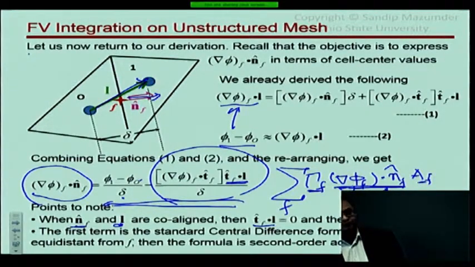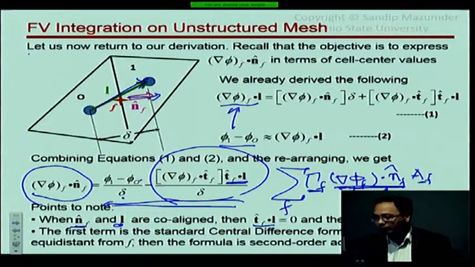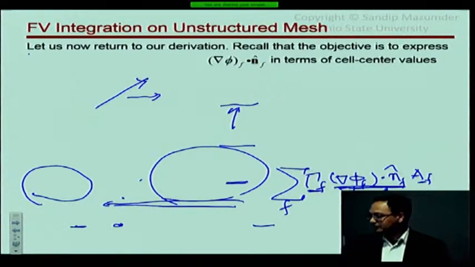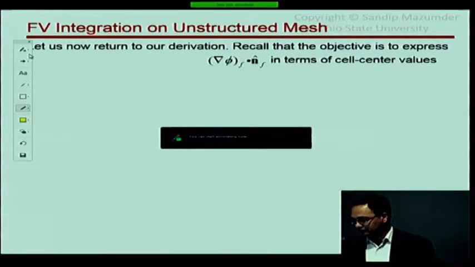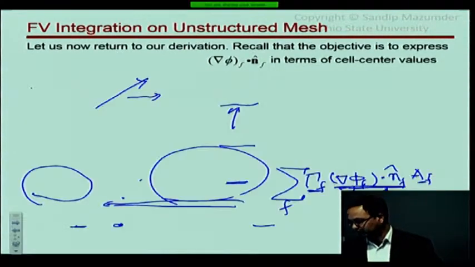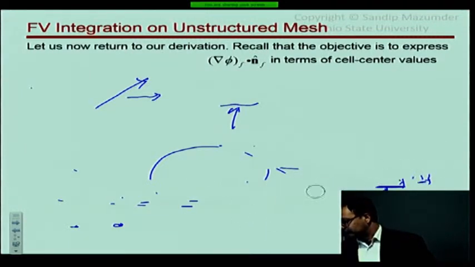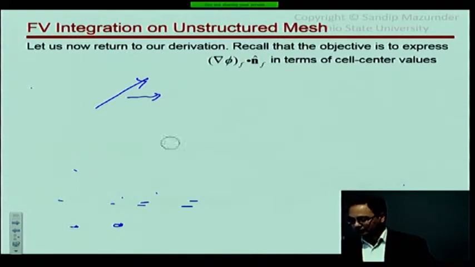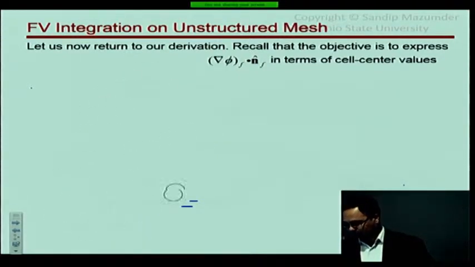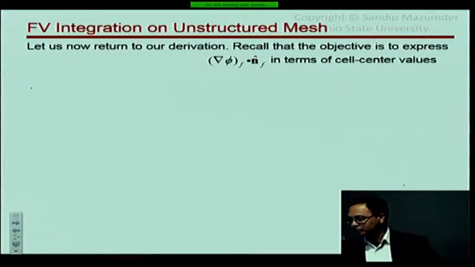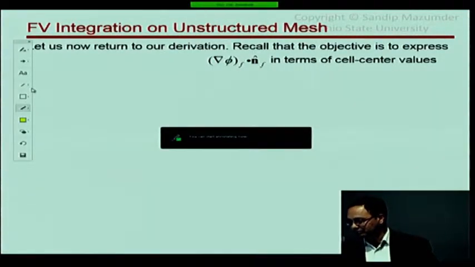So an identical expression we are getting here if these two vectors, NF and LF, are co-aligned. Now, one common misconception that people have, let me just draw a figure here. If you start thinking about when can NF and LF be co-aligned, the common thought is that, okay, in a Cartesian mesh obviously they're co-aligned.